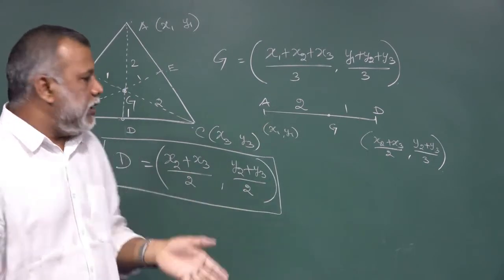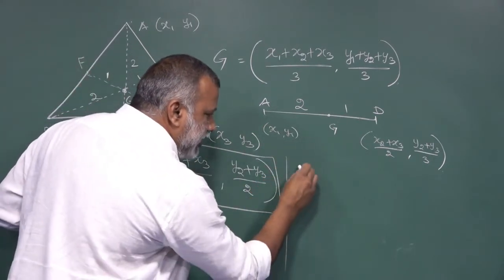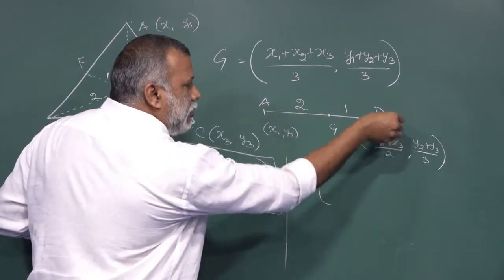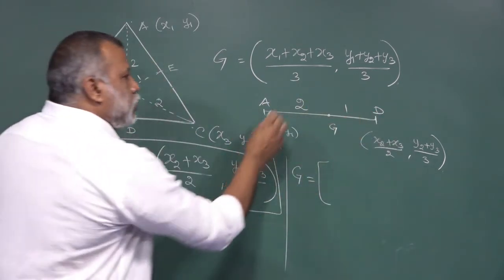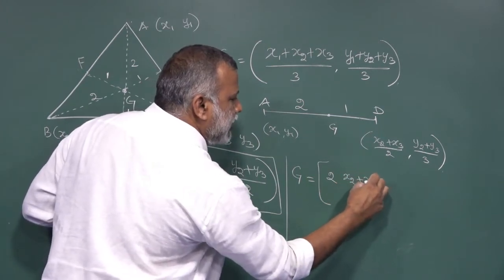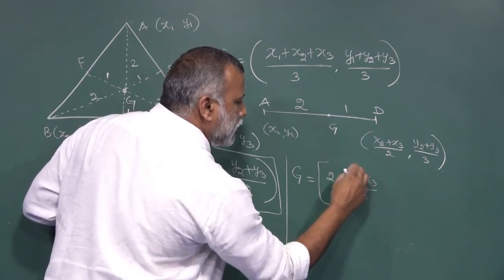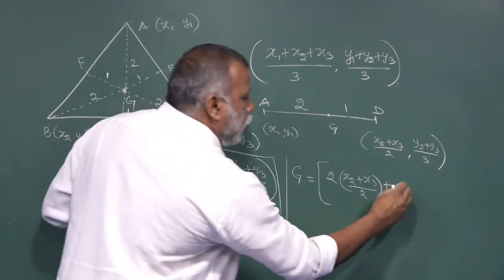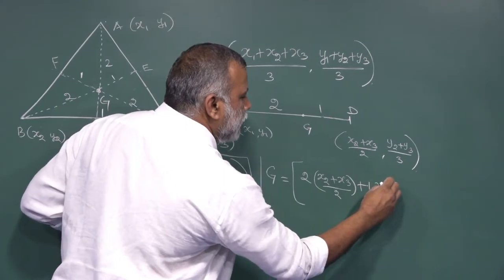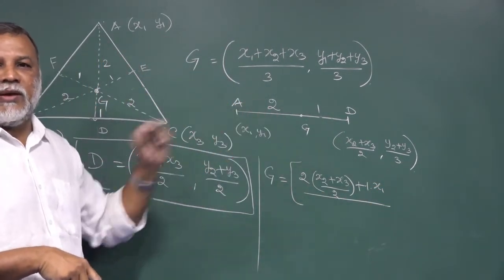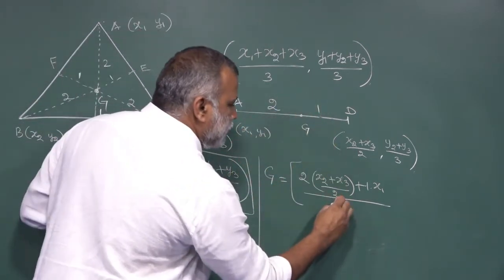Instead of m is to n, what is the ratio here? 2 is to 1. So G equals 2 times the opposite x coordinate, that is (x2 plus x3) by 2, plus 1 times the other x coordinate, x1, divided by m plus n, here 2 plus 1.